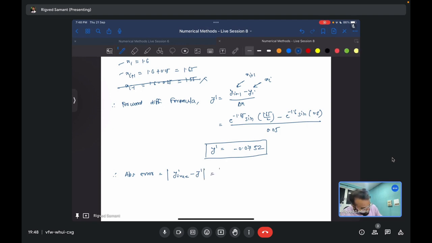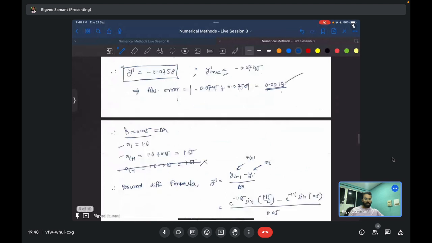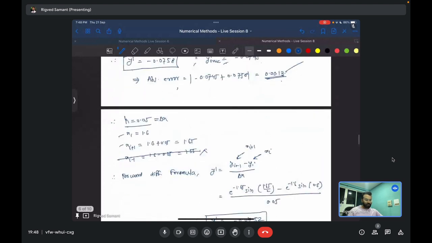So that is minus 0.0745 plus 0.0752. If you calculate this value, it comes out to minus 0.000737. So if you see, this value is again half of the previous value, right?